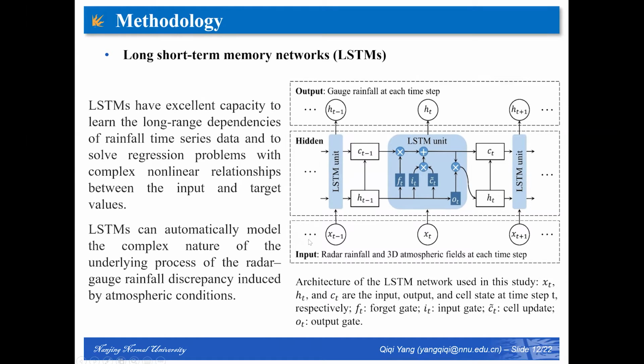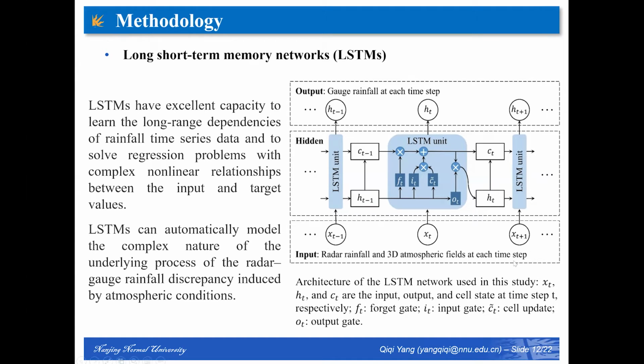LSTMs are used in this study to determine the complex effects of the meteorologic elements on the descent of the raindrops from the air to the ground by training through the use of a lot of data for historical rainfall events.